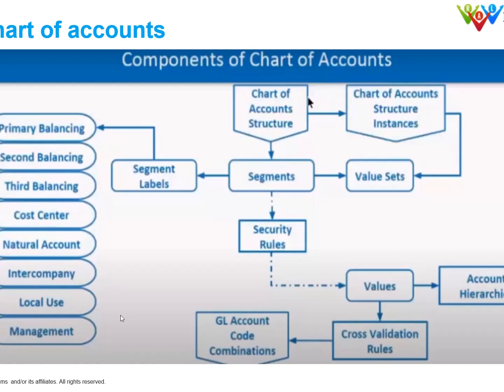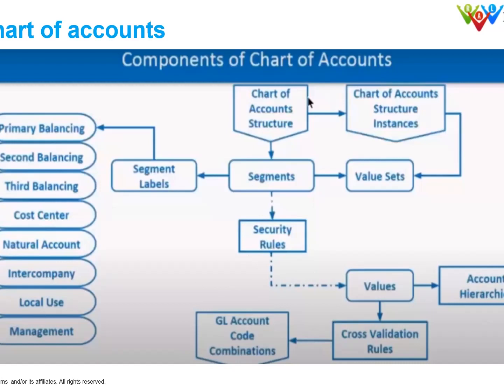So whenever you create a segment, you label it. Then around the chart of account, you have multiple security rules and cross validation rules, so that one segment value cannot be used together with another segment value. These relate to security and cross validation, which we will see in detail. So that is all about chart of account components.